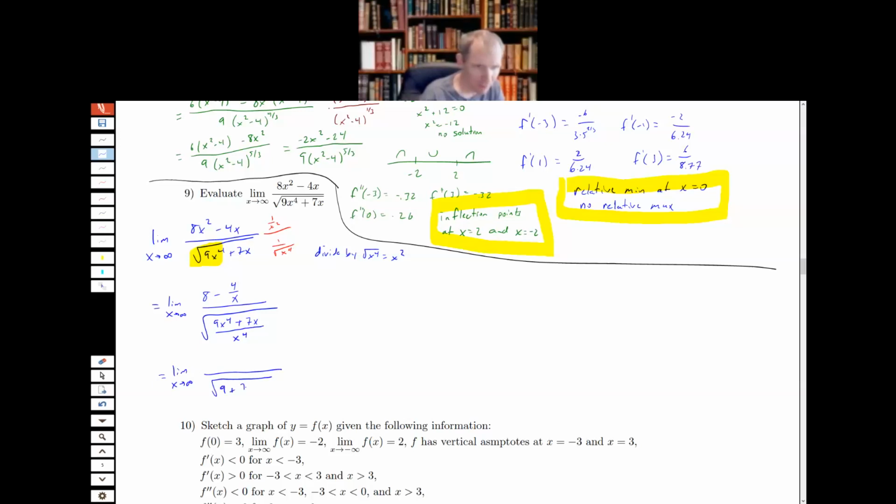So I get 9 plus 7 over x cubed. All right. And now as x goes to infinity, 1 over x to any power is going to go to 0. So this is going to be 8 minus 0 over the square root of 9 plus 0. And so I get 8/3. Okay, questions on that one?